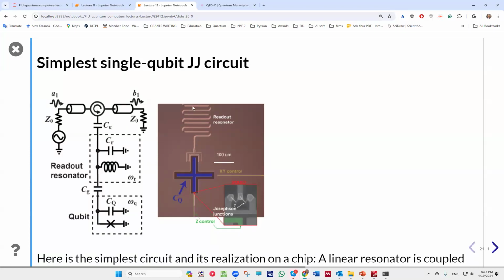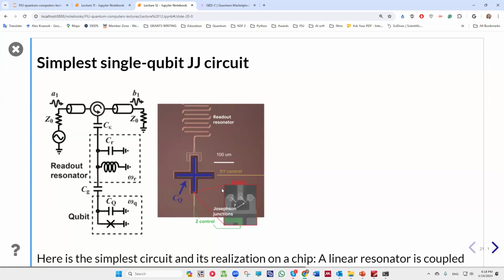Okay, so what we see on the picture on the right is two Josephson junctions. If you zoom this area enough, we will see these two Josephson junctions here. The system of two Josephson junctions is traditionally called a SQUID. The SQUID device is simply a coil. Topologically, it's a coil with two Josephson junctions in there.